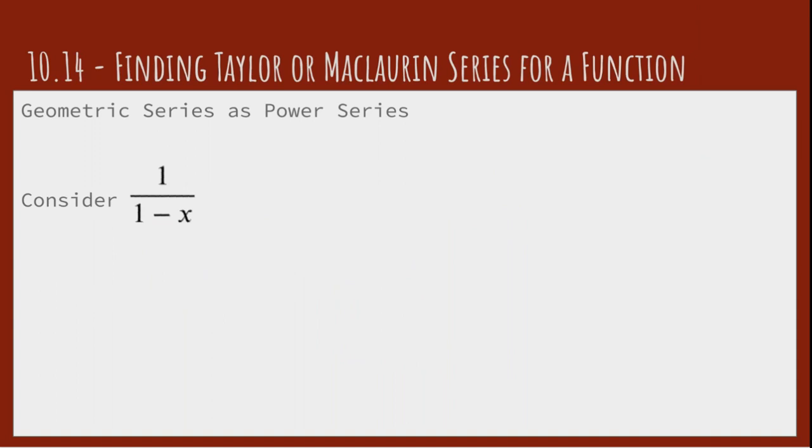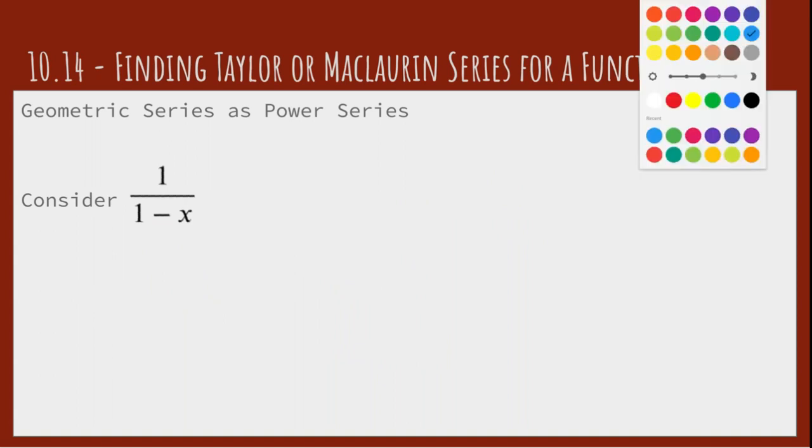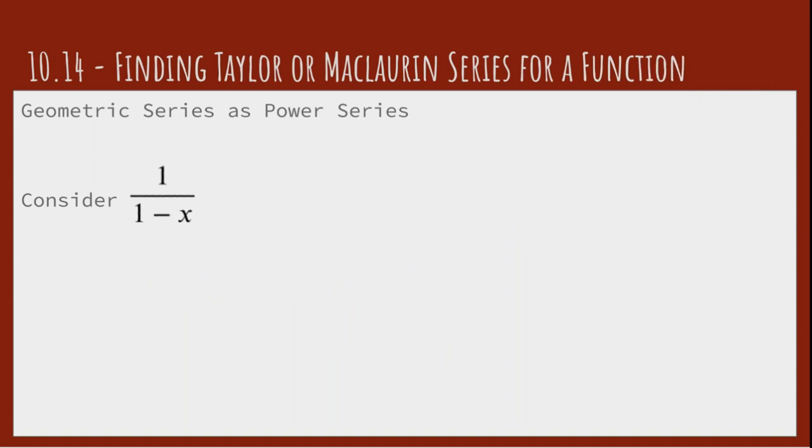We can also do this in reverse. So if we have a function that we want to write as a Maclaurin series, what we can do, in very specific cases, as long as it's in the form of the sum of a geometric series, is interpret it as the sum of a geometric series. So in this case, this is pretty straightforward.